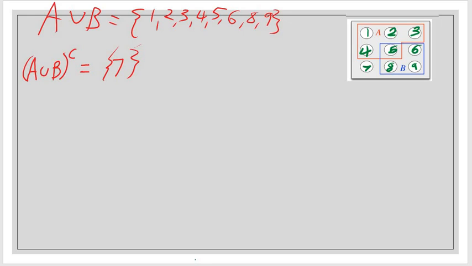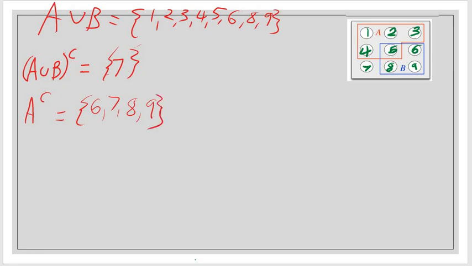Now I can look at the complement of the set A, which means everything that's in S that is not in A, and that complement is just 6, 7, 8, 9.